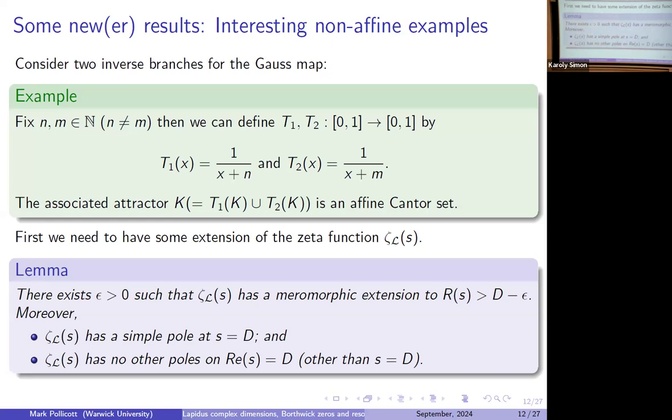We have a new Cantor set given by two different contractions, inverse branches of the Gauss map, just rational maps. For that Cantor set, we do the same thing: we write down the lengths of the intervals, sum up the lengths to the power s, which gives us a complex function, and you try to say something intelligent about the poles of this function.